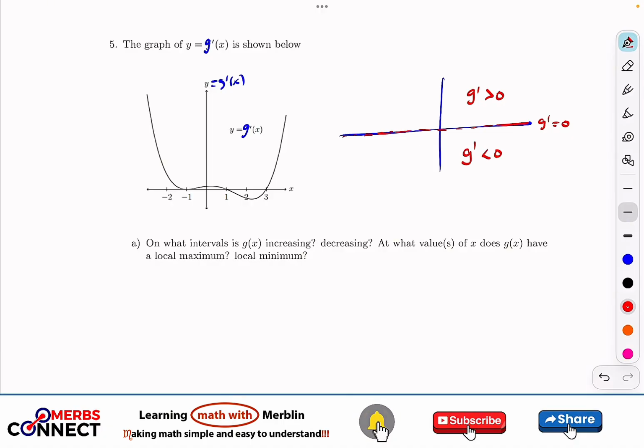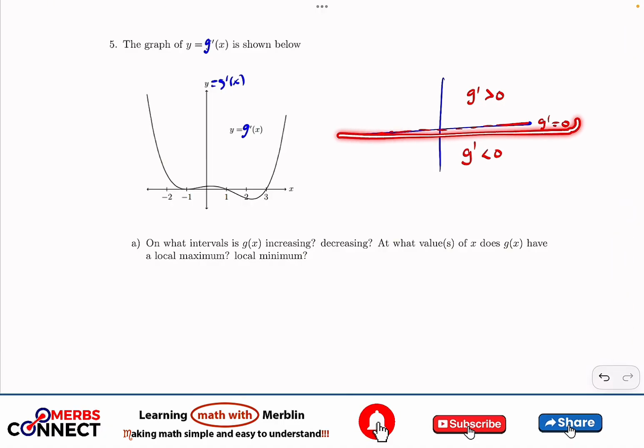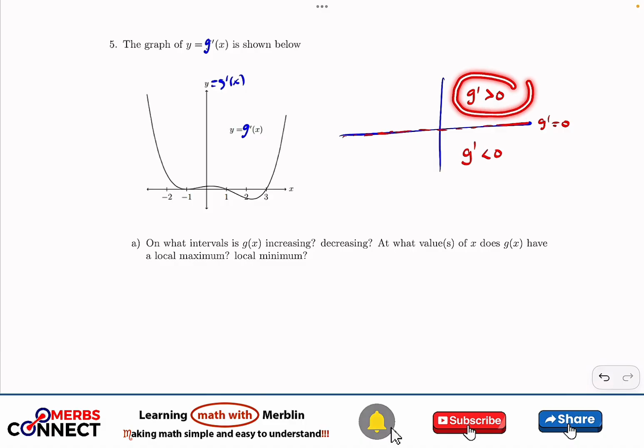So we have 3 things here. On the line, that's when g prime is 0, and I know that anytime g prime is 0, that's when we have the critical values. And then anything above is when we have increasing, and anything which is less than 0 is when we have decreasing. So let's put that in mind, which will help us to analyze this.